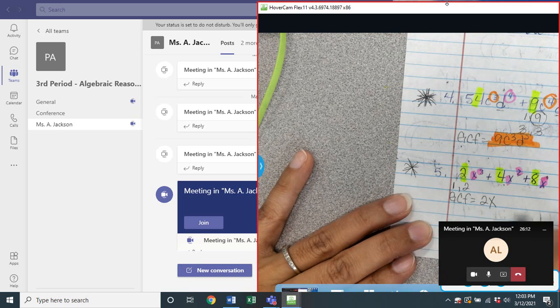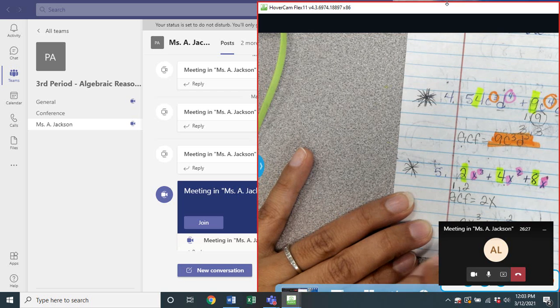Okay, so I'm going to write my expression one more time. So 2x to the power 3 plus 4x to the power 2 plus 8x. And you said I write the number down. What is my next step? I'm going to divide it by what?